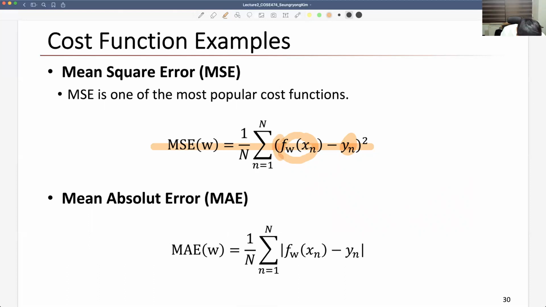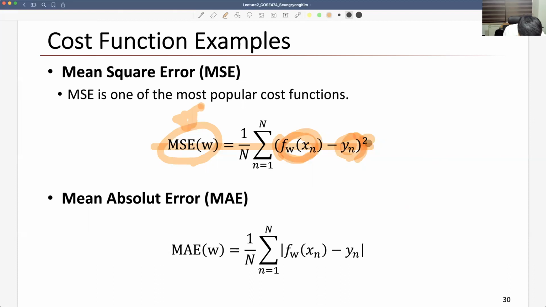Then the distance between ground truth and estimated one is measured by the square. So this is the mean square error. Actually, the mean square error is one of the most popular cost functions. In deep learning, most techniques that address regression problems frequently use this MSE loss. So we have to know that.